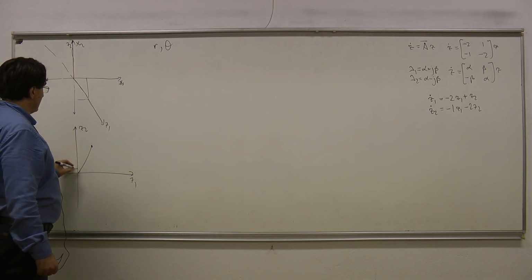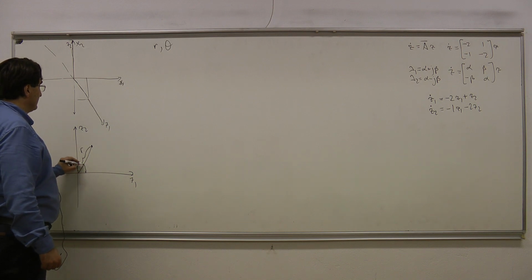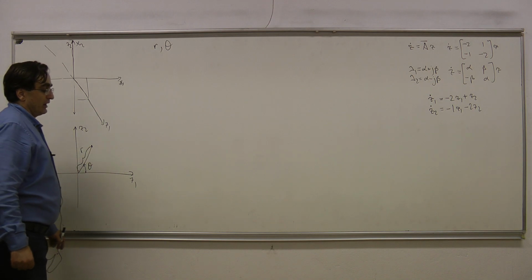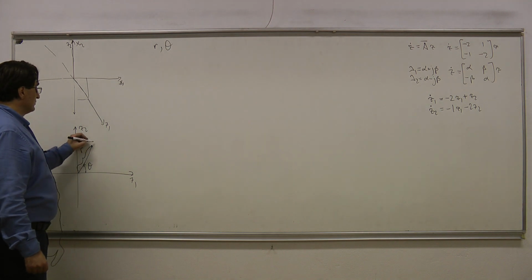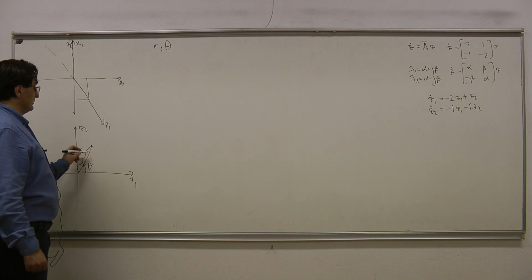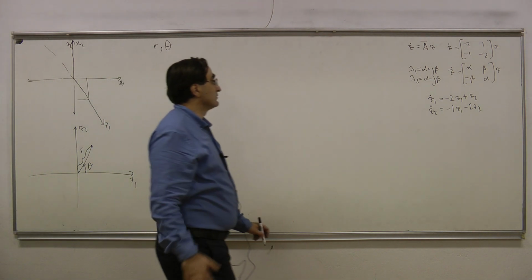So I have the r as this distance, and I have the theta here from the positive z1 axis. Okay? Any vector z1, z2 can be written in terms of its coordinates r and theta in the polar coordinates.